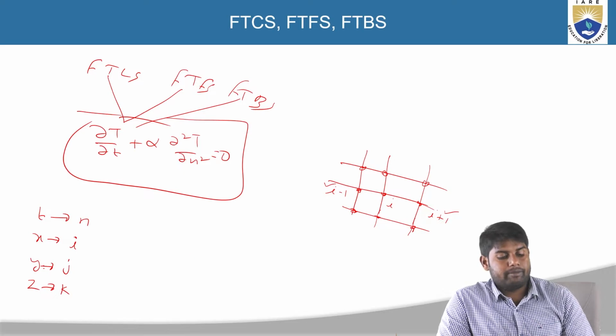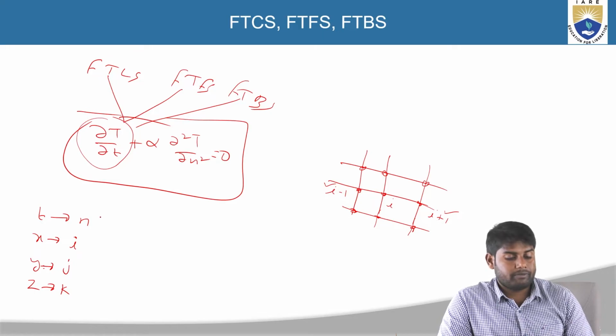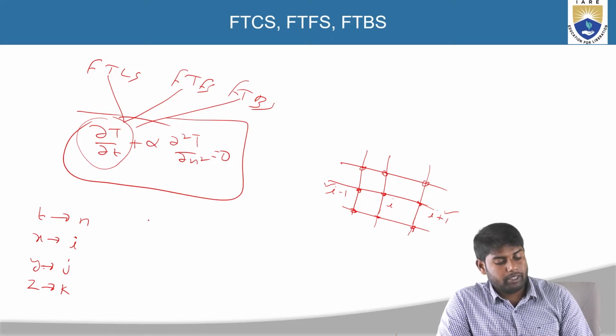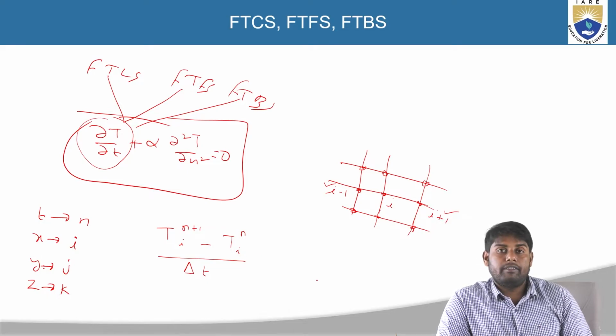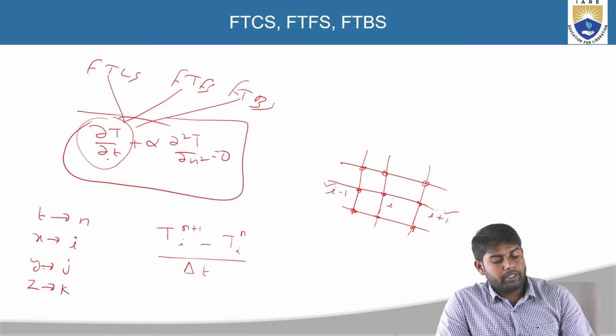So for the forward in time, we have a time derivative term here, which is dou T by dou t. So here you can see how it is written.